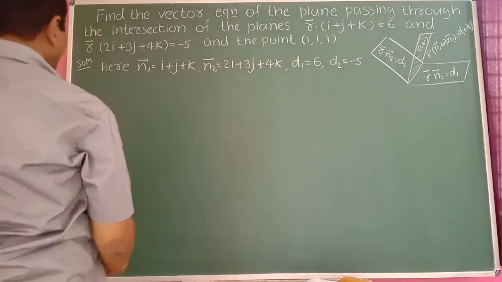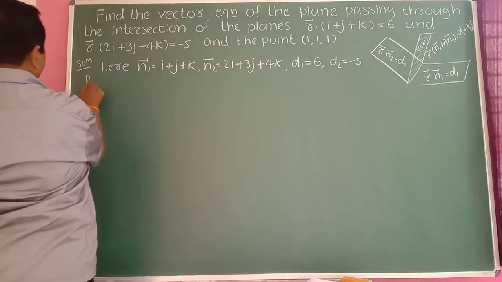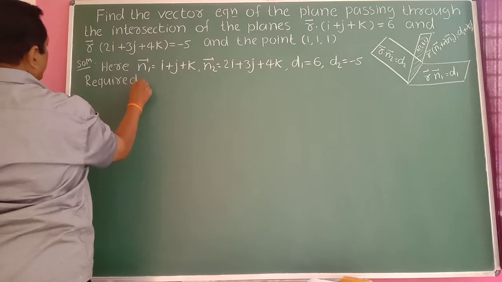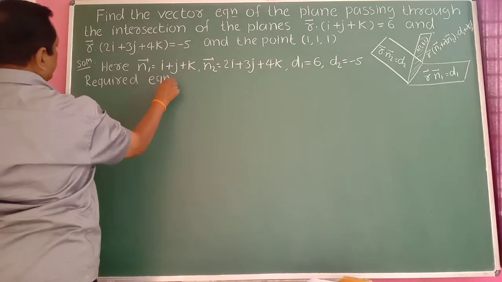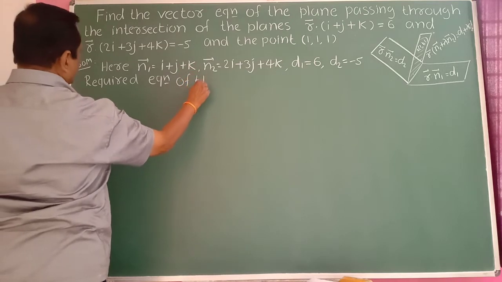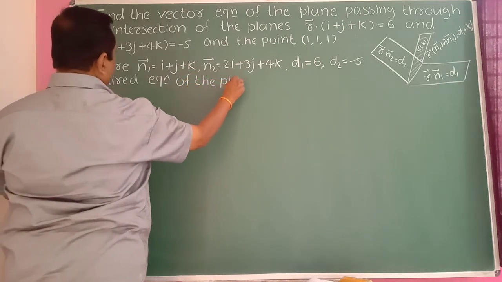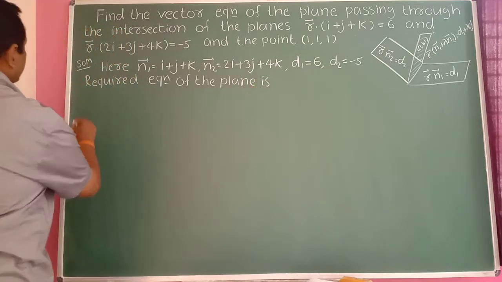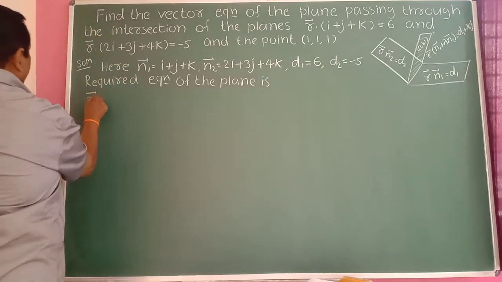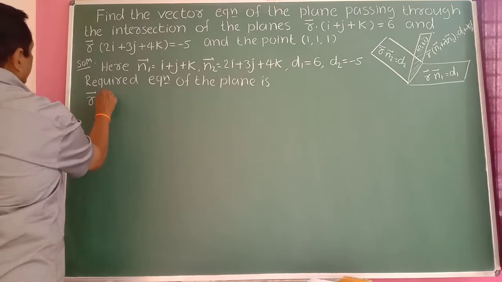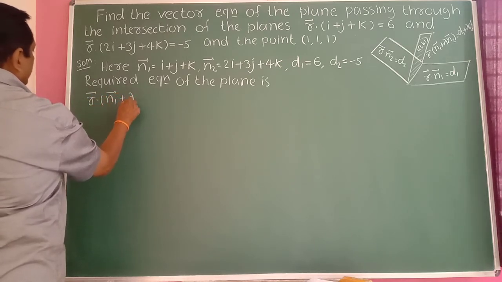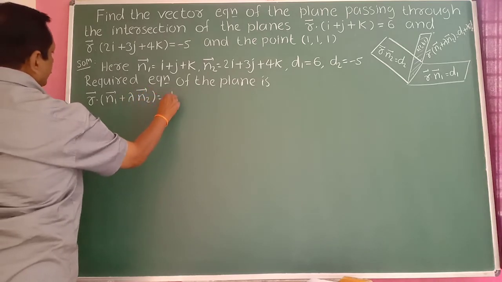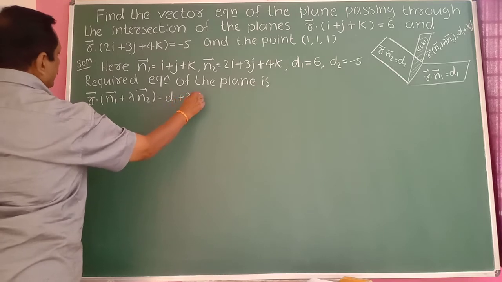Therefore the required equation of the plane is r bar dot n1 bar plus lambda into n2 bar is equal to d1 plus lambda into d2.